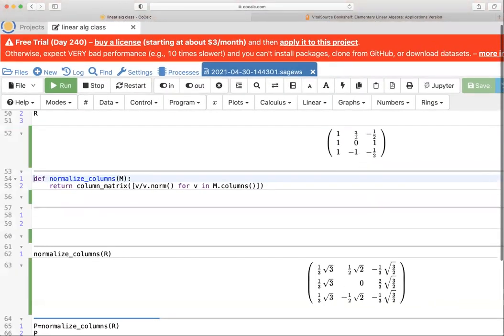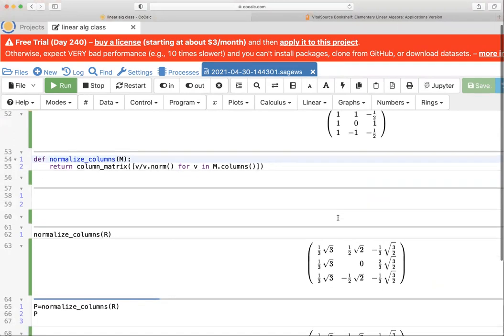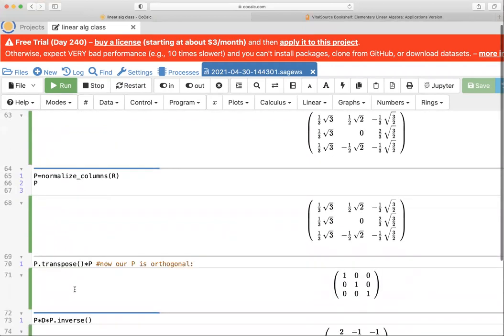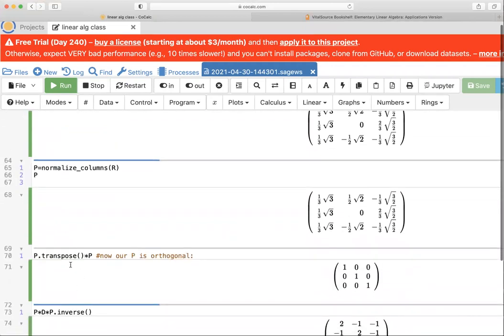It's a little bit easier to see, well, maybe not. Okay, anyway, so that's what P should be, our matrix of eigenvectors that is orthogonal.